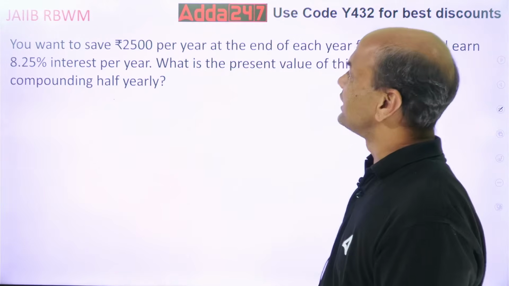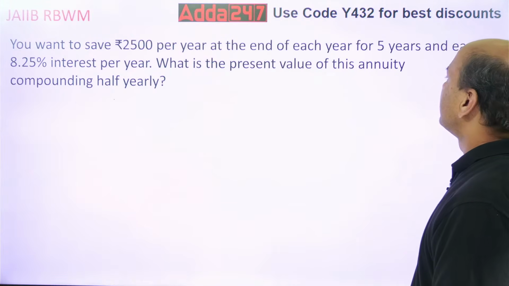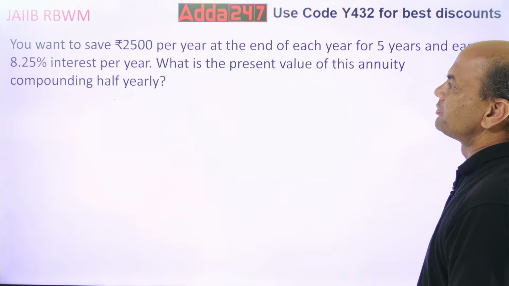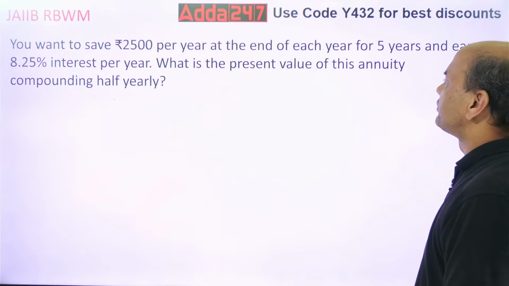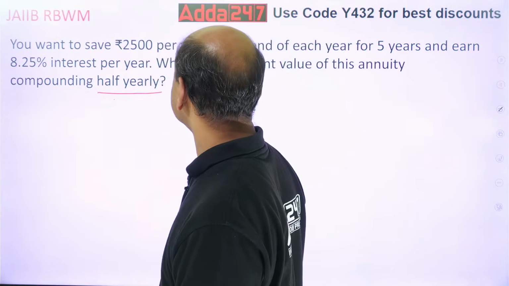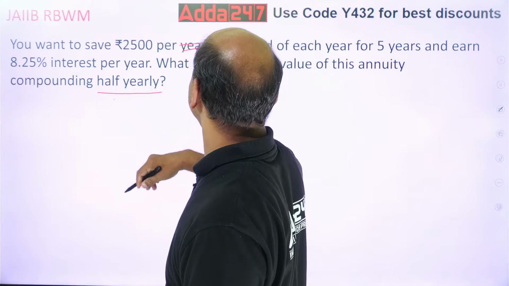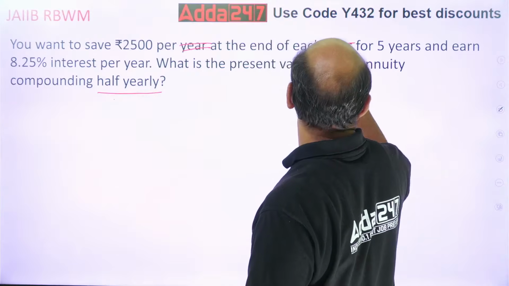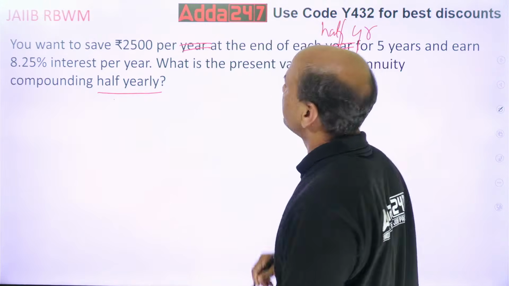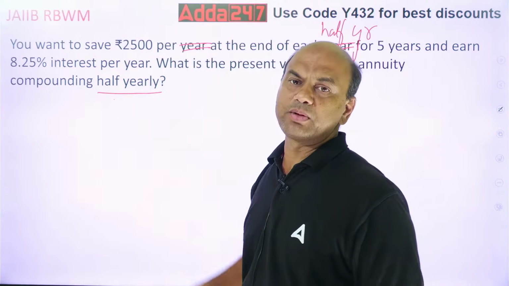You want to save 2500 per year at the end of each year for 5 years and earn 8.25% per annum. What is the present value of this annuity compounding half yearly? See this, you want to save 2500 per half year.